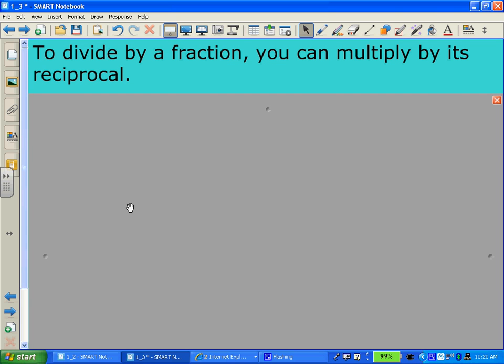Now, we do get a little more complicated here when we start talking about fractions. Now, I know you worked with fractions last year, and you'll be working with them again this year. The hardest thing to do with fractions is typically to divide. When you divide by a fraction, it's the same as multiplying by its reciprocal.